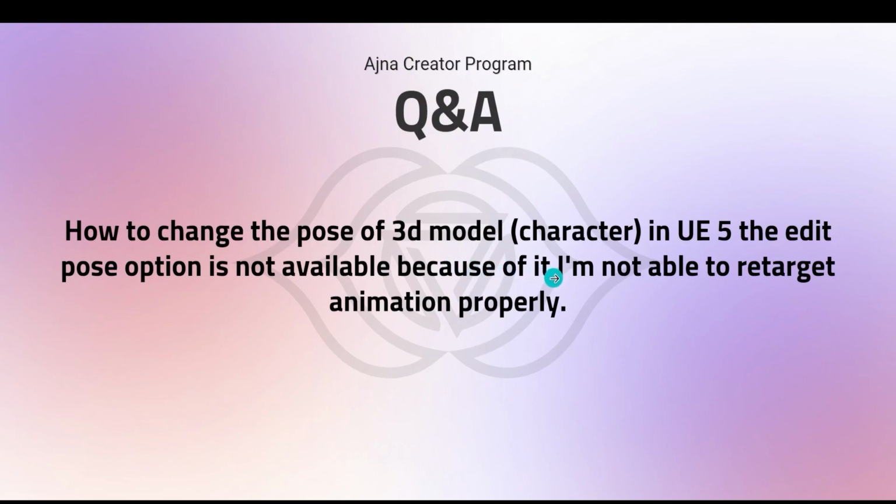And following up with your question, I'm not able to retarget animation properly. One possibility is that your bone setup or the hierarchy of the bones is not set up properly. That can be one of the reasons. It's a simple process.